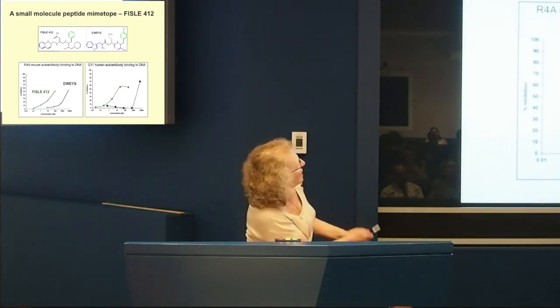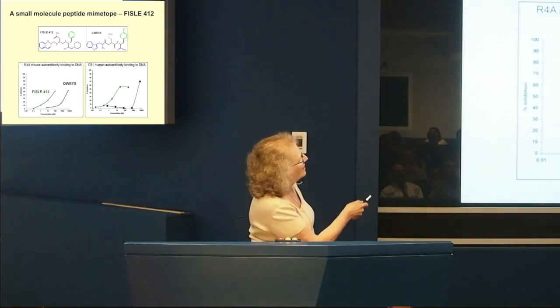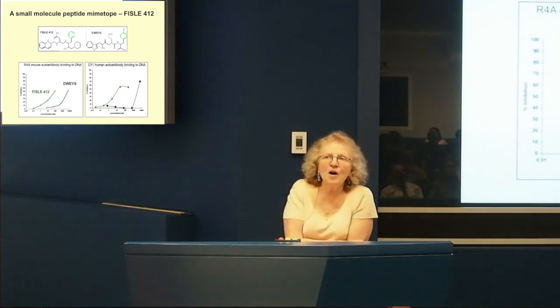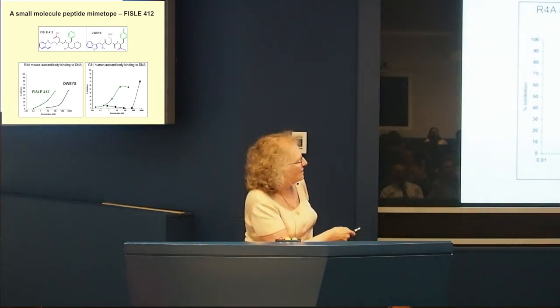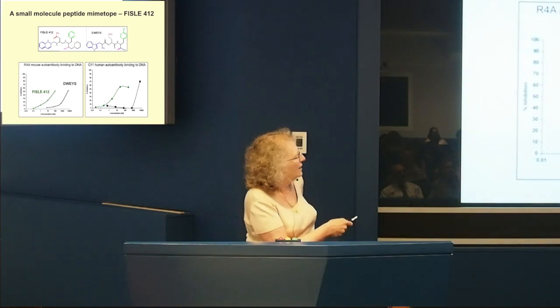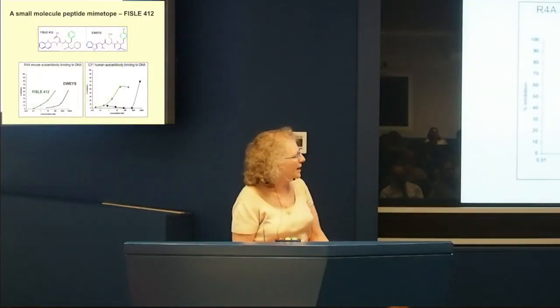This is for the biochemists amongst us. This is the peptide, a small molecule, orally absorbed, that has a higher affinity for both a mouse monoclonal antibody with this dual binding to the NMDA receptor and DNA, and the human monoclonal antibody with this dual binding.